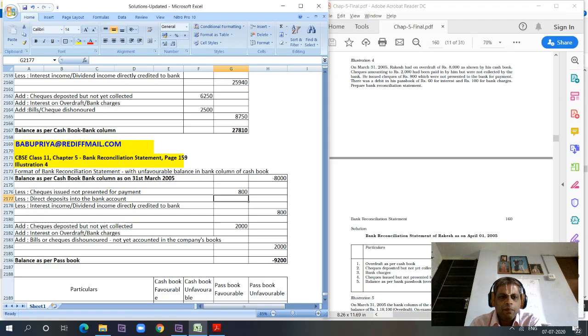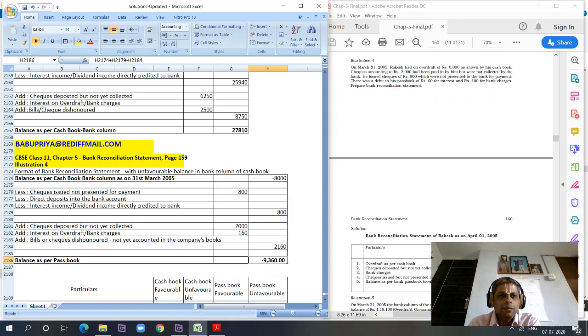So bank charges and interest, 160 rupees. So the balance as per passbook will be 9,360 rupees, unfavorable balance.